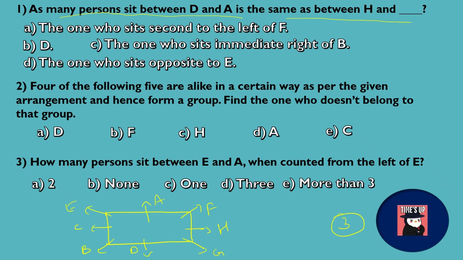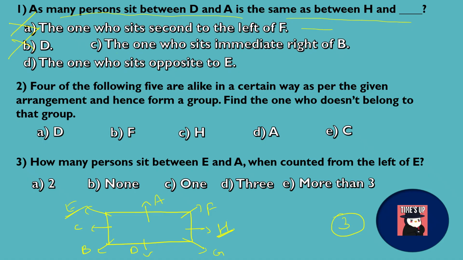The one who sits second to the left of F is E, correct? So between H and E, how many persons will be sitting? If we consider the first option, only 2. We want 3. Then D: if you take H and D, only one person is sitting.